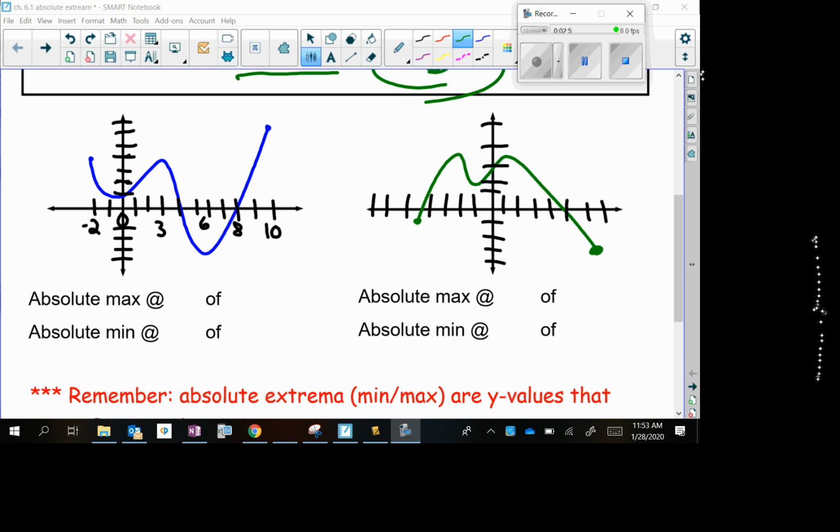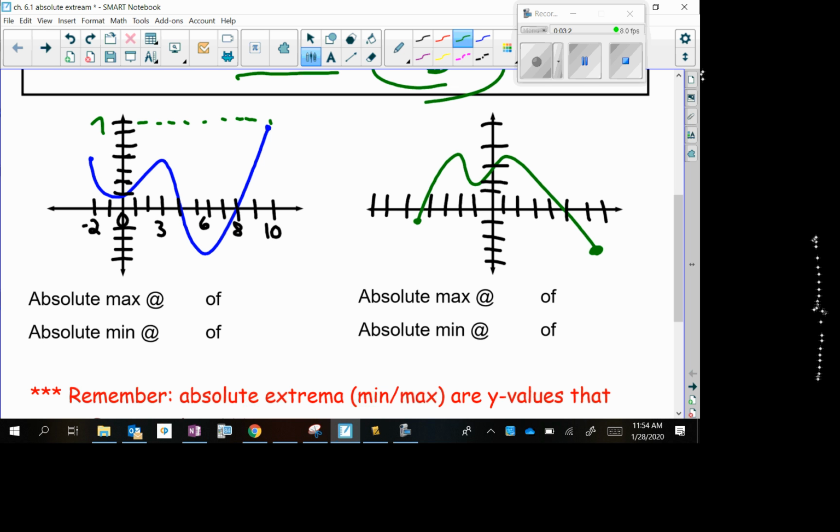We're looking at where's the absolute highest point, and it occurs way over here, right, at 10. This is where the highest y value hits. And again, because there's no arrows, we can say that it stops right here. And so the highest value it achieves is 1, 2, 3, 4, 5, 6, 7. So this point right here is at 7.